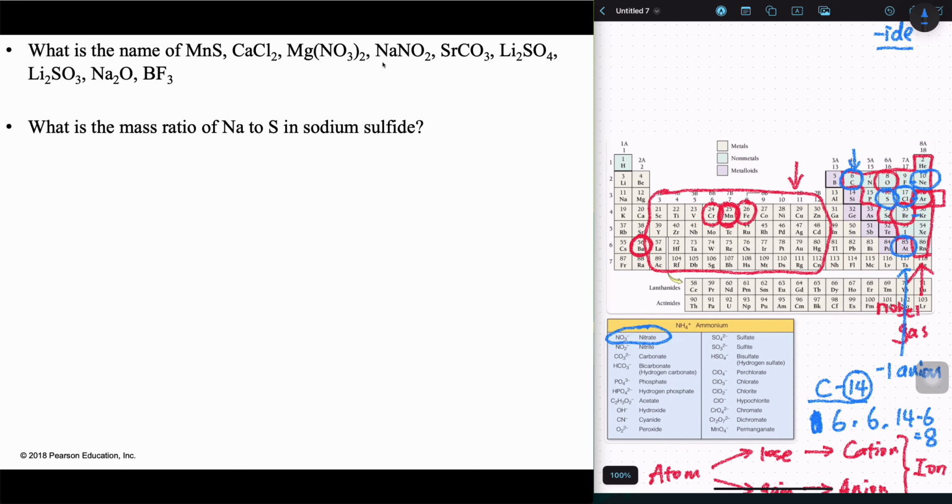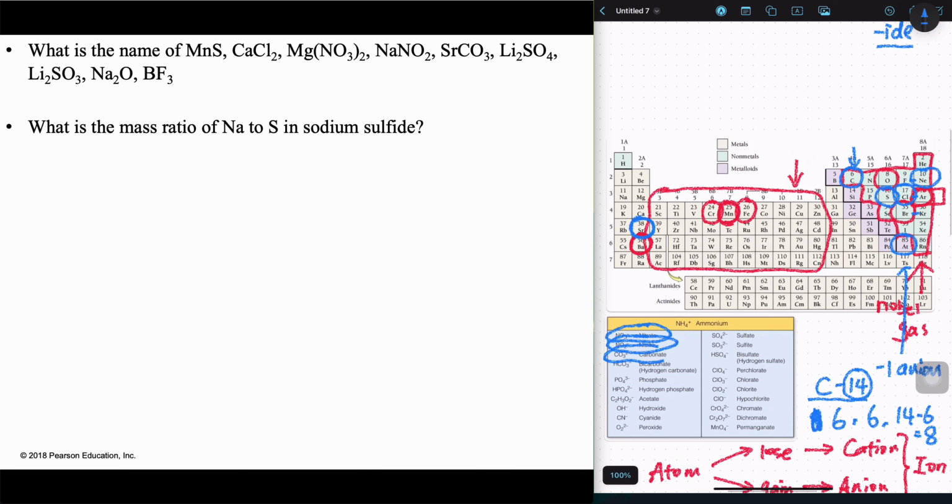The next one, sodium nitride. Next one, what is the name of Sr? We don't know, but we can go to our periodic table. The name of this Sr will be strontium. So the name of this compound is strontium carbonate.